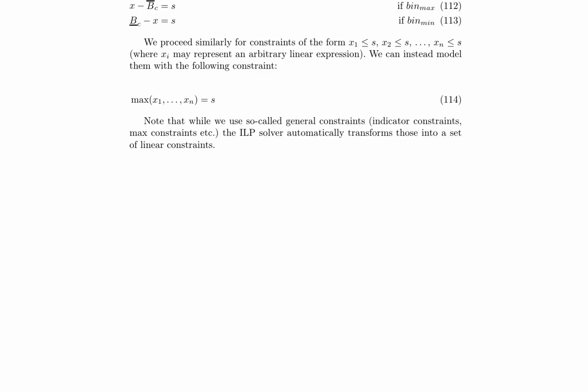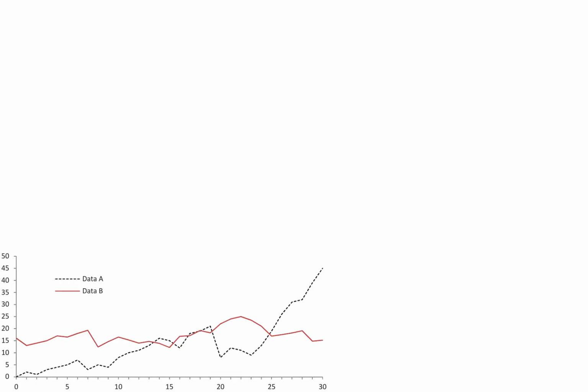To mitigate the issue of suboptimal objective values, they propose adding binary indicators to specify which constraint to use based on the current assignments. These indicators, binmax and binmin, are used to add constraints 112 and 113. The authors further extend this approach to handle constraints of the form x1 is less than or equal to s, x2 is less than or equal to s, xn is less than or equal to s, where xi may represent an arbitrary linear expression.